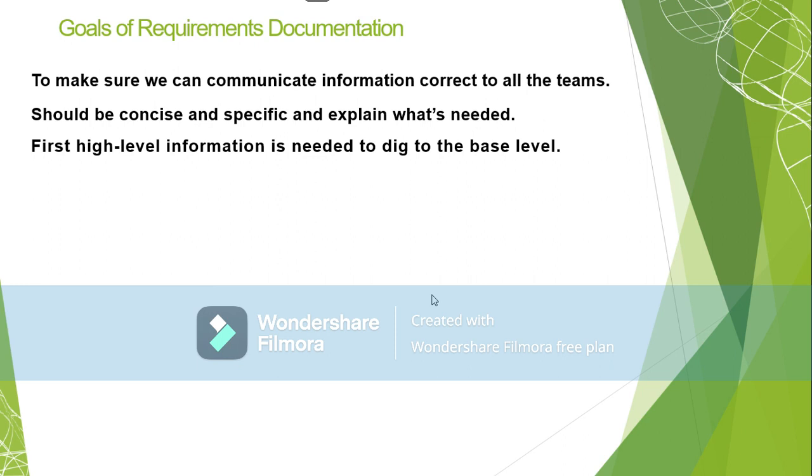It should be documented so that every team involved has it. If we talk about agile, we talk about scrum. In scrum, the team that we have, as we have discussed, is a team of 7 to 10 people, so they can easily communicate amongst each other that yes, this is the requirement and we should be working based on this.